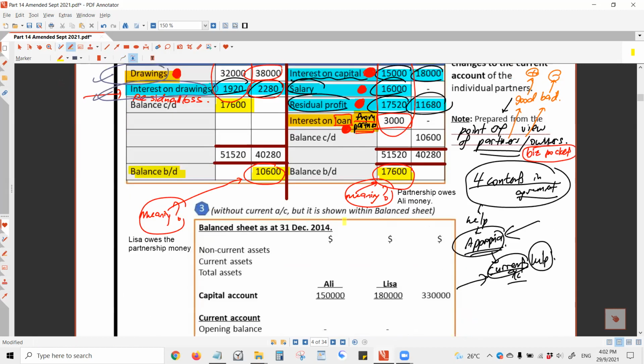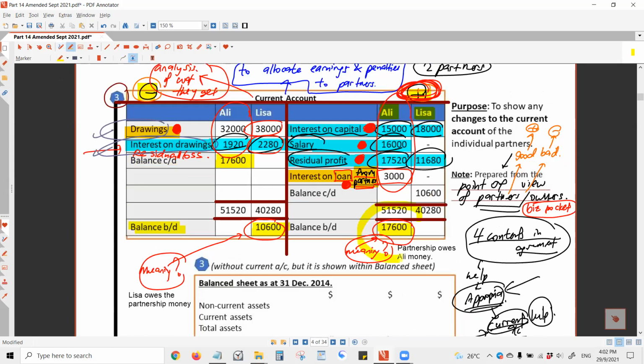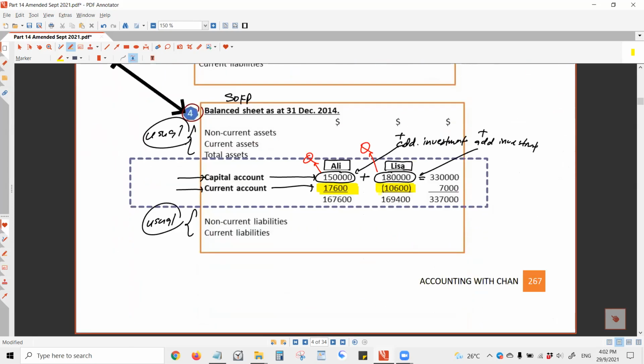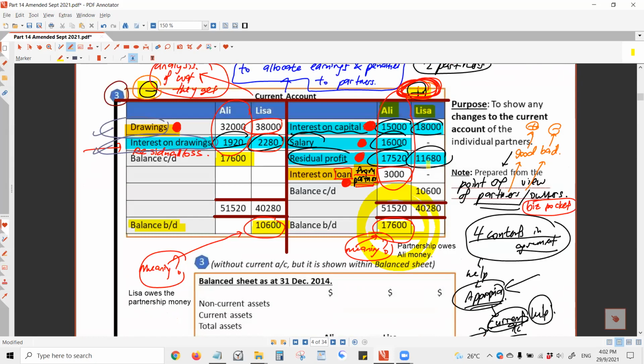Comes from step 3. This amount, 176,000, the balance. And for Lisa, negative 106,000. Why negative? Look at step 3 again. It is on the debit side, so negative, the 106,000. Easy? Not that difficult.